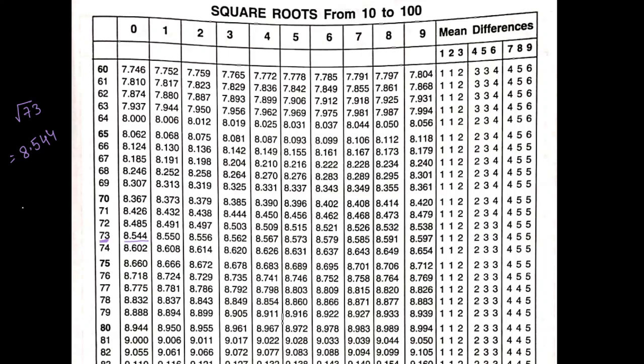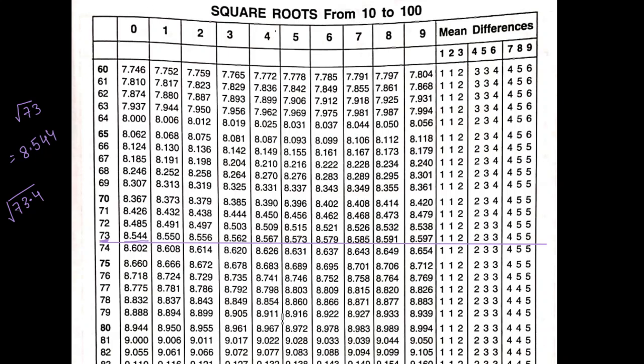Suppose I had to find the square root of 73.4. I would see that this is the row of 73, and this entire row deals with the square root values of 73. For 73.4, I look at the columns 73.0, 73.1, 73.2, 73.3, 73.4.